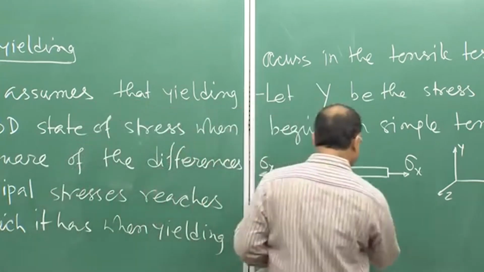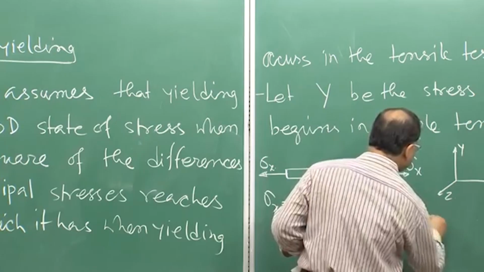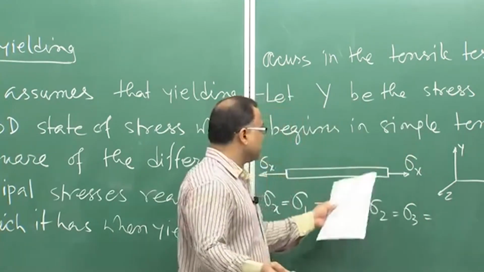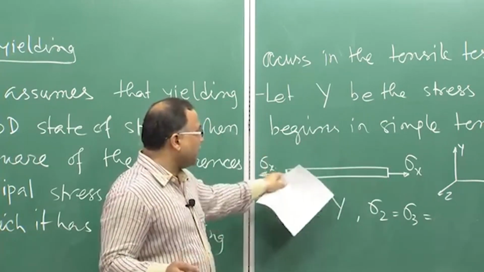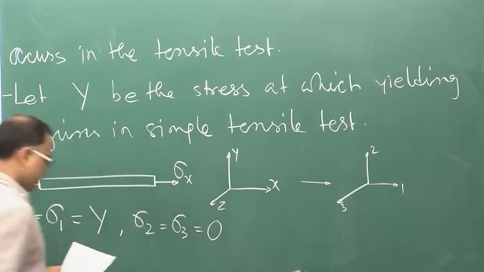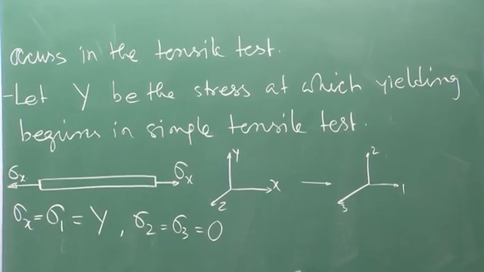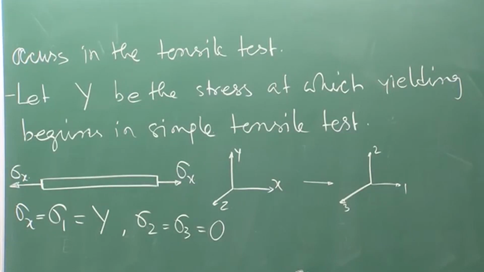Now what about other principal stresses, sigma 2 and sigma 3, because sigma x is nothing but sigma 1, but sigma y and sigma z are 0. So therefore they must be 0. Understood the logic and the discussion whatever has happened here, okay.